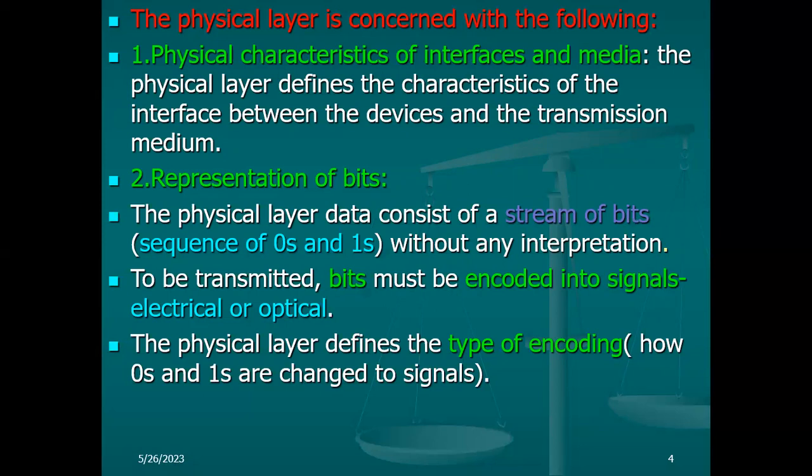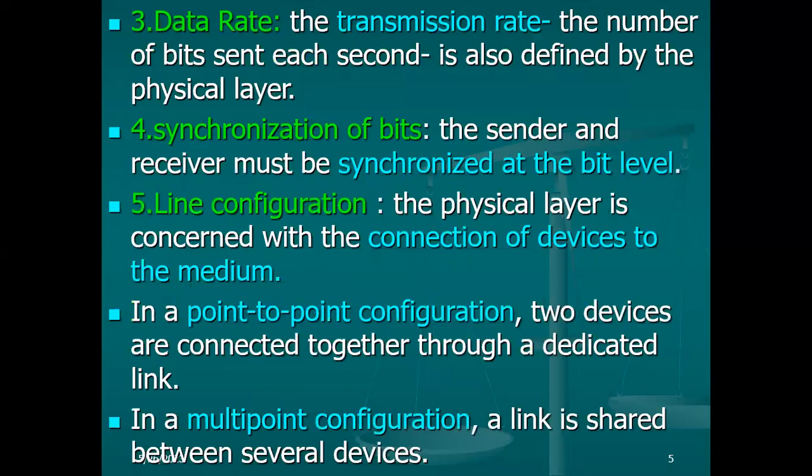The physical layer also defines the number of bits which are transmitted at a particular time. It determines the synchronization of bits between the sender and receiver. The physical layer establishes the connection between the sender and receiver.